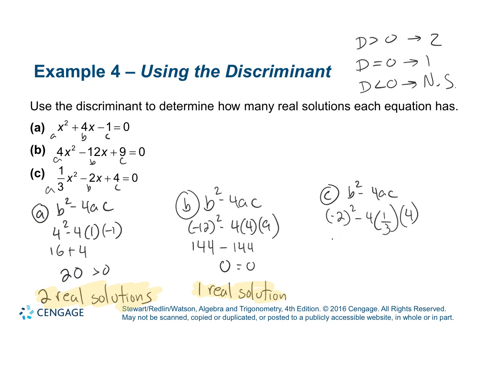So we're going to get 4 minus 16 over 3. So let's make that into a fraction that we can work with. This is going to become 12 over 3. So we get -4 over 3. And now -4 over 3 is less than 0, so we get no solution.